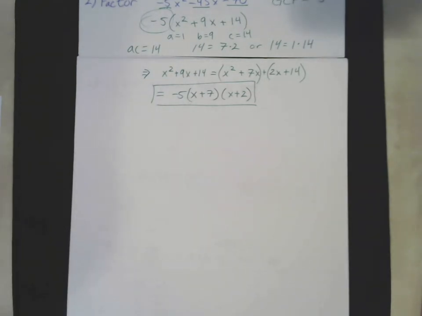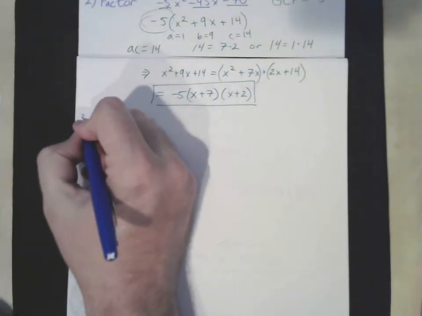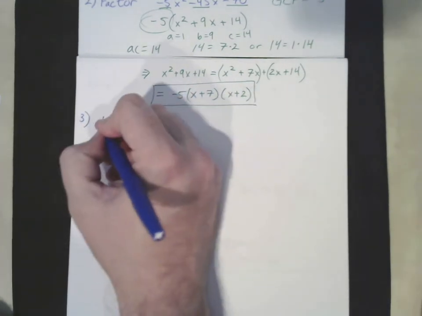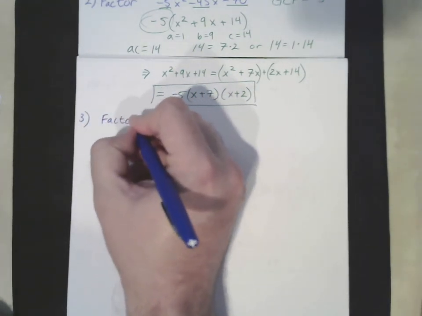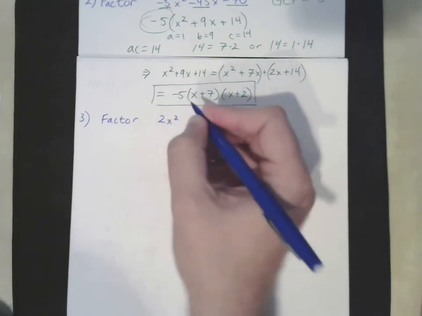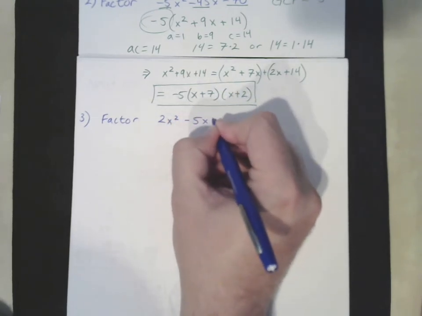So our last example is usually the type of factorization that students like the least. So we are going to factor 2x squared minus 5x plus 3.